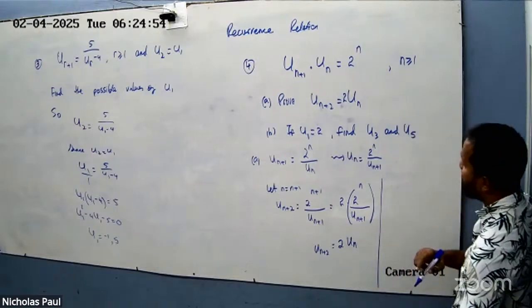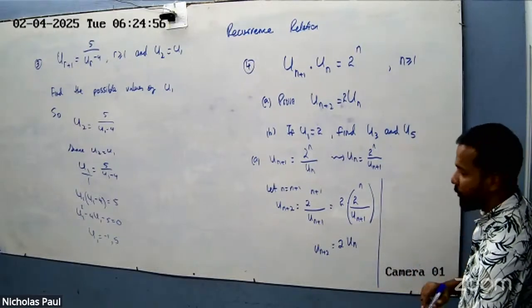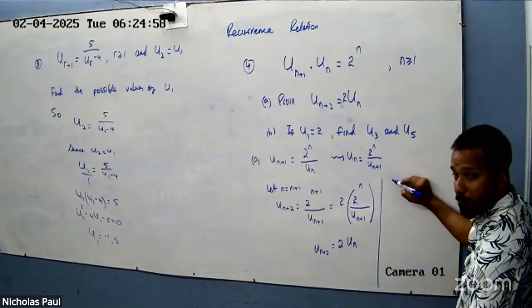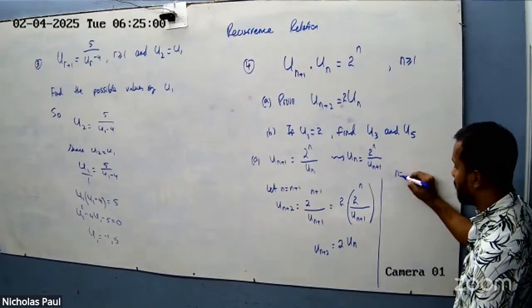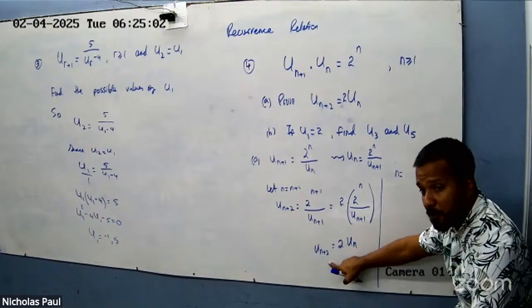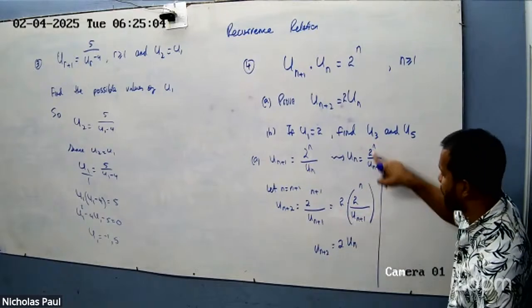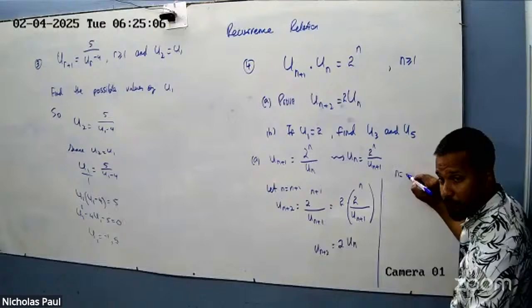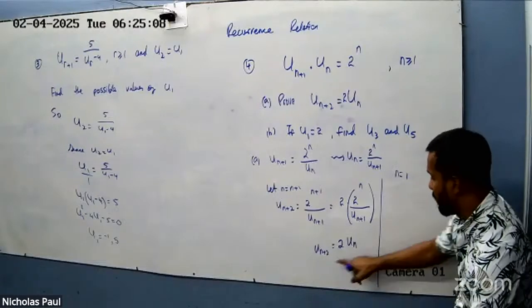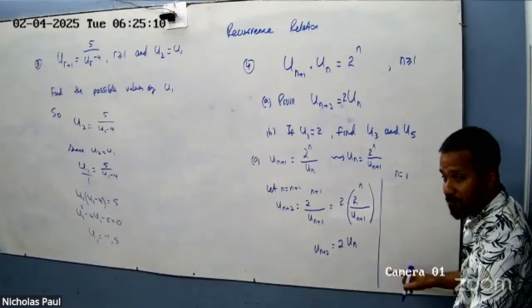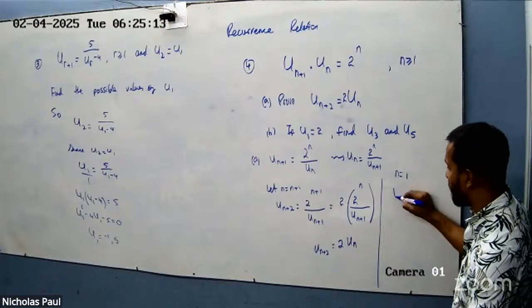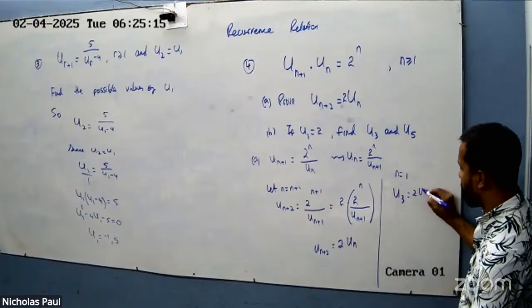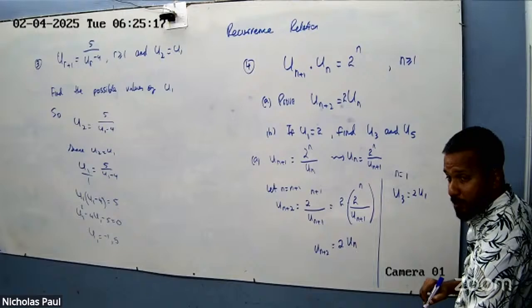Timothy, since that was easy, how are you getting u3? How again u3 here? N equal to what? 1 plus 1 is? Right, 1 plus 2 is? 3. So that'll be u3 is equal to 2u1. Correct?